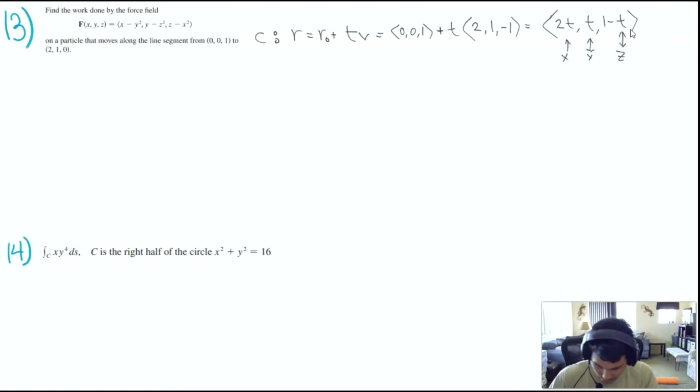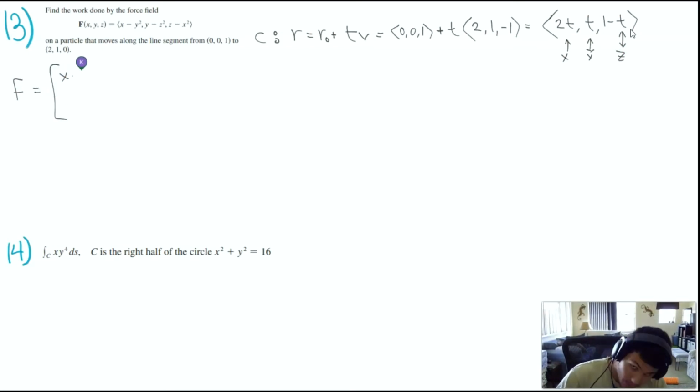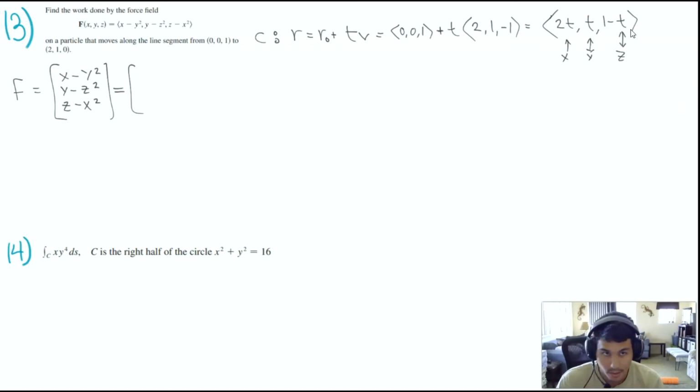So let's rewrite F. F was originally x minus y squared, y minus z squared, z minus x squared, and that is the same thing if you write it as a function of t. So if you substitute x in for t, you get 2t.